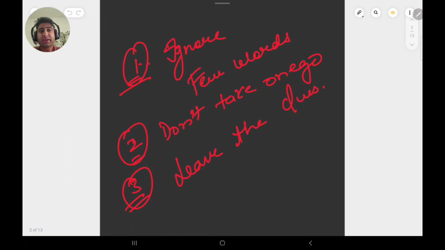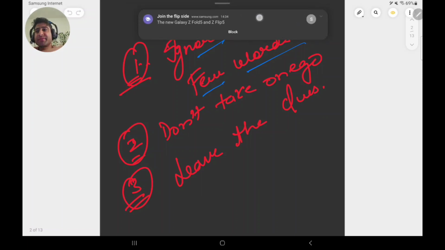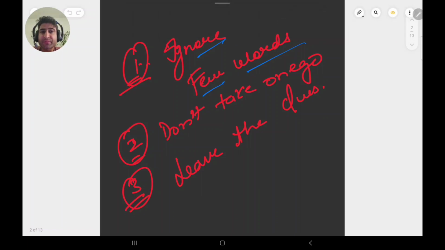The first point is, guys, ignore a few words. What does that mean? It's for all of us, the people who have good vocabulary and good command over English, also for me. Sometimes you get so confused that you're not able to understand what a particular word really means. So guys, we are not going to put emphasis on all the words.